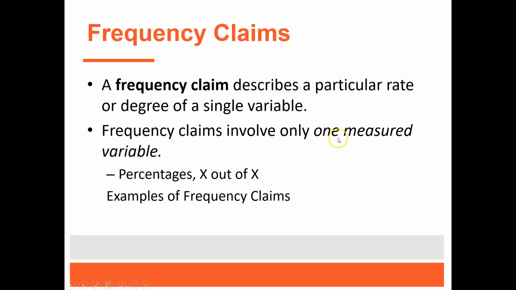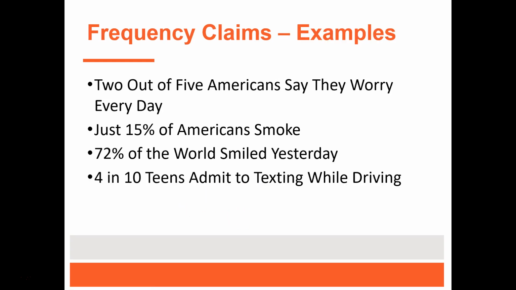Frequency claims involve one measured variable, and this is percentages or X out of X people agree with this statement, etc. So anytime you see something like, I don't know, 70% of college students are satisfied with their college experience, that's a frequency claim. 2 out of 5 dentists like a particular type of toothpaste. That's a frequency claim. Anytime you're talking about the frequency of something occurring, it's a frequency claim.